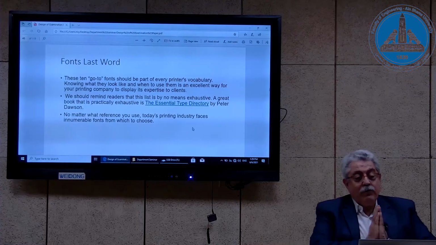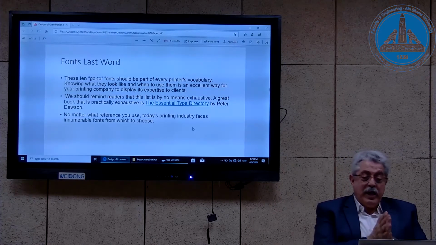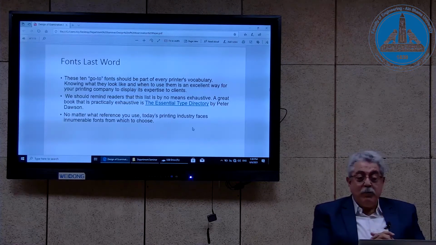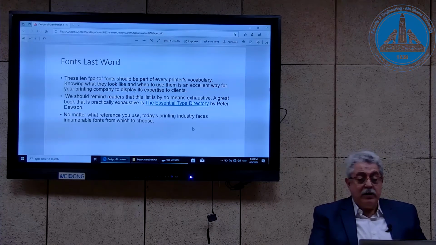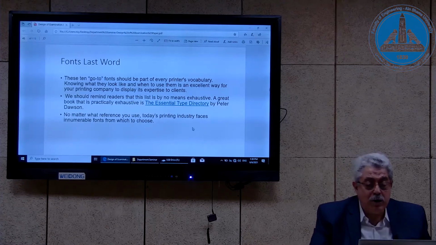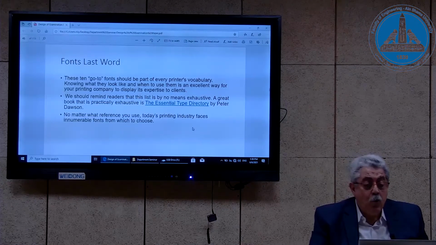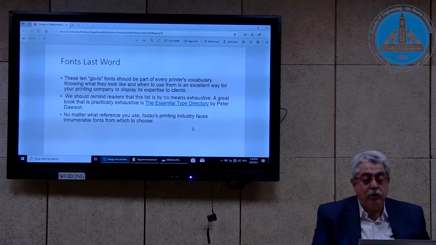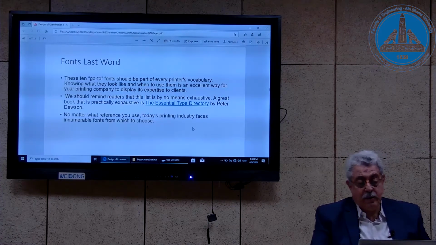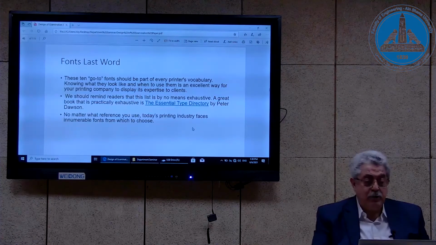Now I'm going to give you a last word about fonts. These 10 go-to fonts should be part of every printer's vocabulary. Knowing what they look like and when to use them is an excellent way for your printing company, and in our case for designing the examination paper.